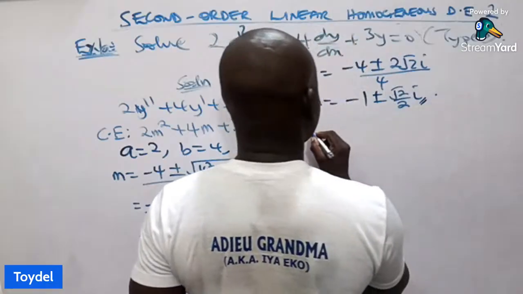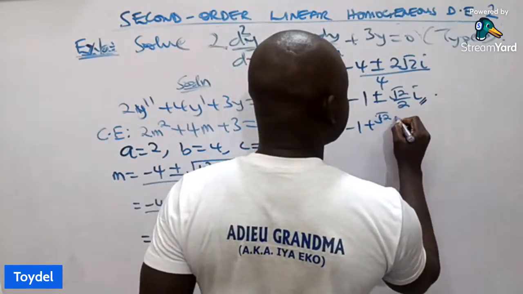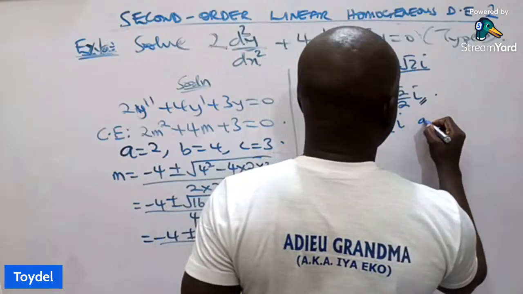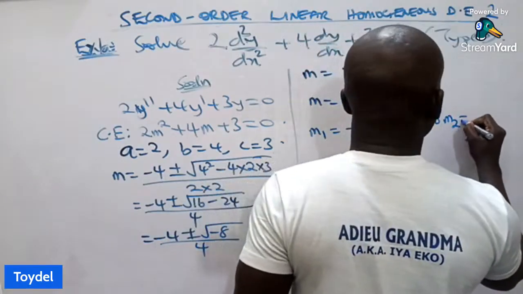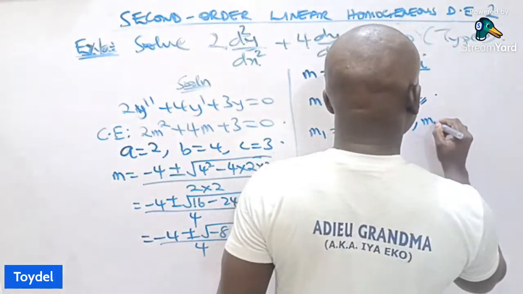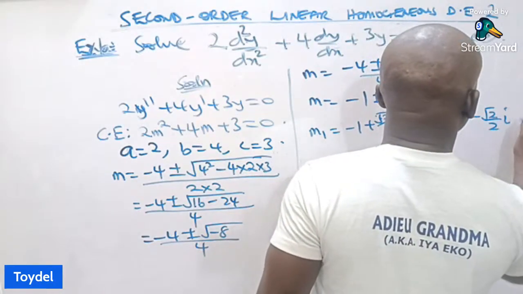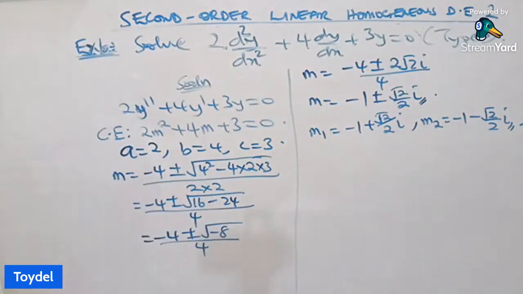That's what you're going to get. So m1 is equal to -1 plus (square root of 2 over 2) i, and m2 will be equal to -1 minus (square root of 2 over 2) i. These are the two values of m that we have. But we realize that these values are complex, they are not real. So what will now be the solution?